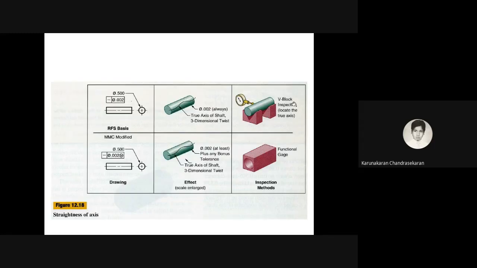Now you can see how to measure this straightness in a laboratory. You can use a V block and a dial gauge and measure it. Then note down the measurement variations and mention them in the drawing: straight line and 0.02. If a modifier is available, just check the modifier and mention it.